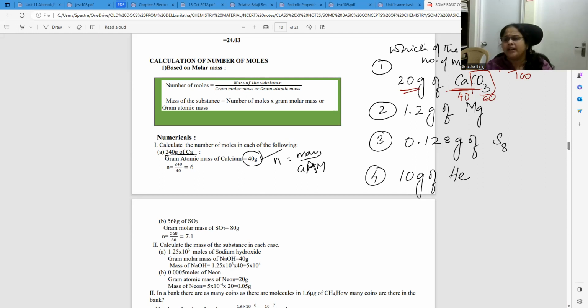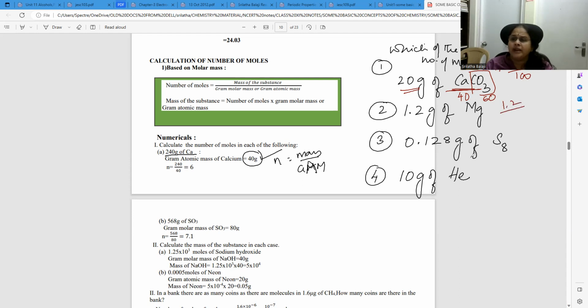2 moles? How can 20 by 100 be 2 moles here? Check the calculation. 0.2. Yeah. Next, same way.